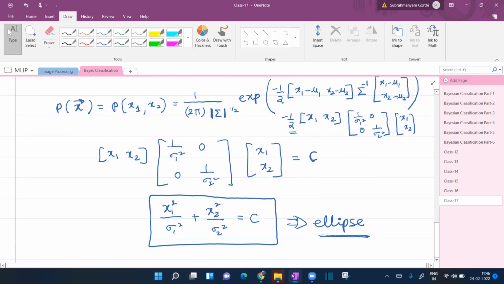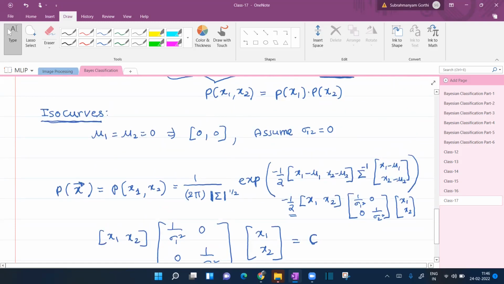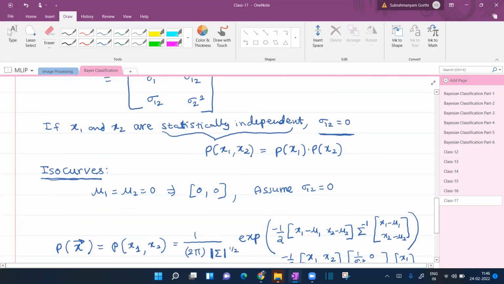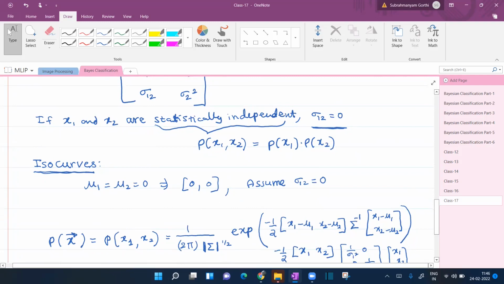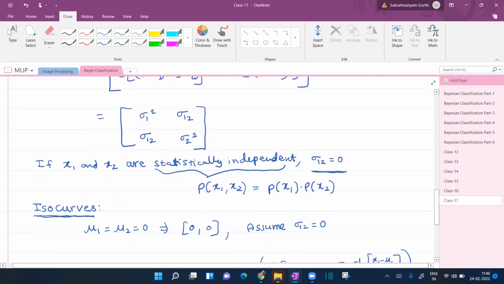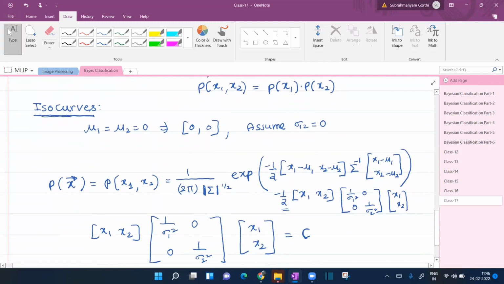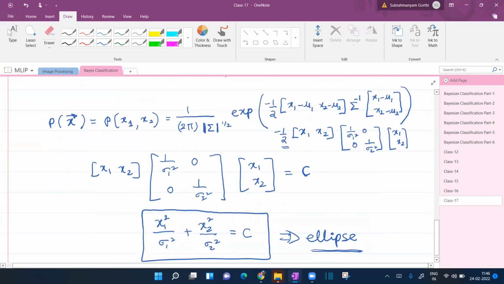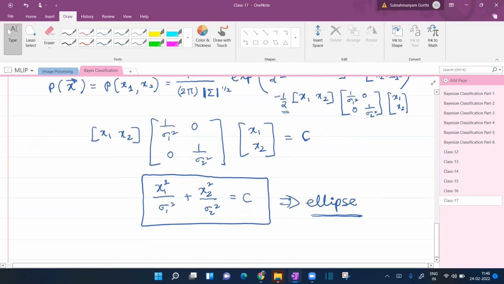Refine your statement further. If sigma 1, 2 is 0, then if I consider all those points which have a given value of probability density, the locus of all those points will be... fill in the blanks.